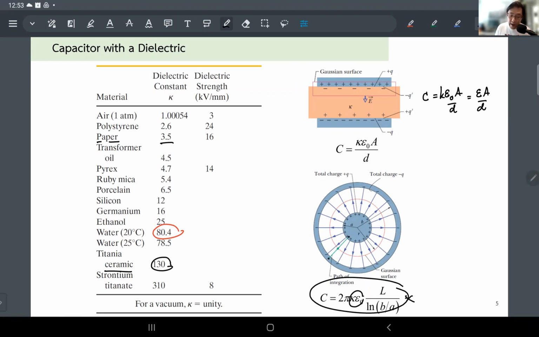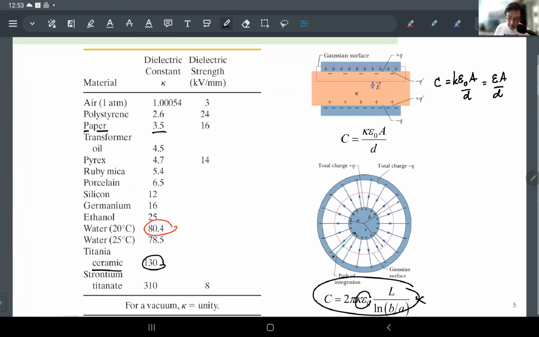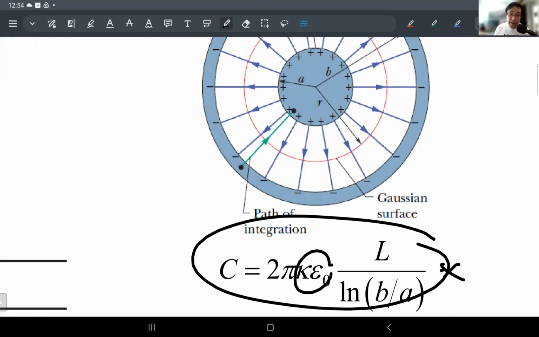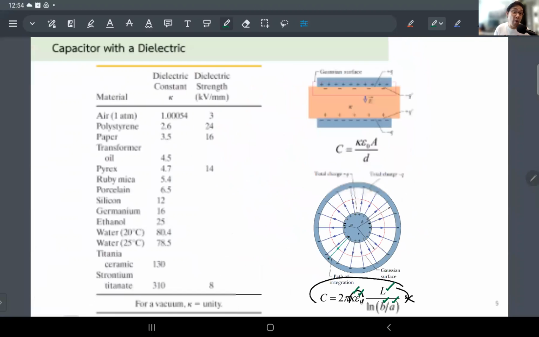And if you notice, the parameters that determine the capacitance of a capacitor depend on the physical stuff here. How long is it? What is the outside radius, inside radius? What kind of material you are using? Done. So I hope you see the common characteristics of all capacitors.